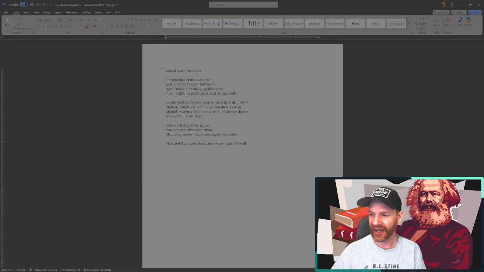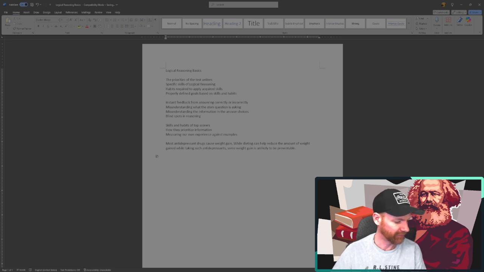While dieting can help reduce the amount of weight gained while taking such antidepressants, some weight gain is unlikely to be preventable.